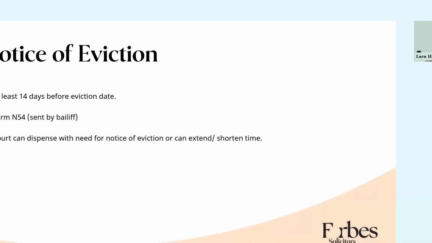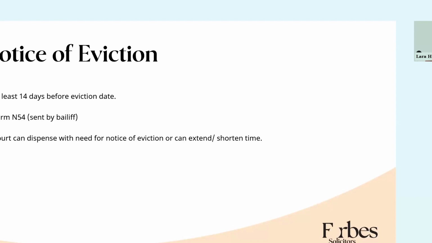Okay, so the notice of eviction: the bailiffs must deliver a notice of eviction to the premises at least 14 days before the eviction is due to take place. This will be on the form N54. You don't need to worry about that. That's the form that the bailiffs actually complete and send to the tenant. And it will also be covering any other occupiers at the property.